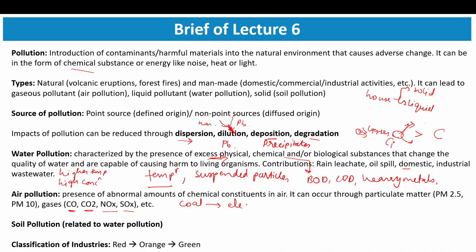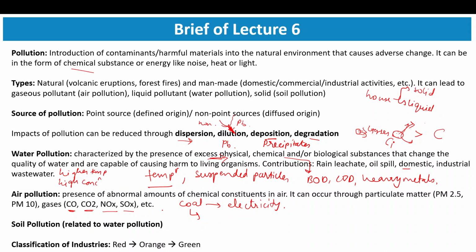So, coal to electricity, this is the target. But this coal has some sulfur, some nitrogen will also be there, and obviously the combustion of coal will result in carbon monoxide and dioxide depending on complete and partial combustion. Further, there will be vehicles which will release these gases, which end up in air and cause pollution.